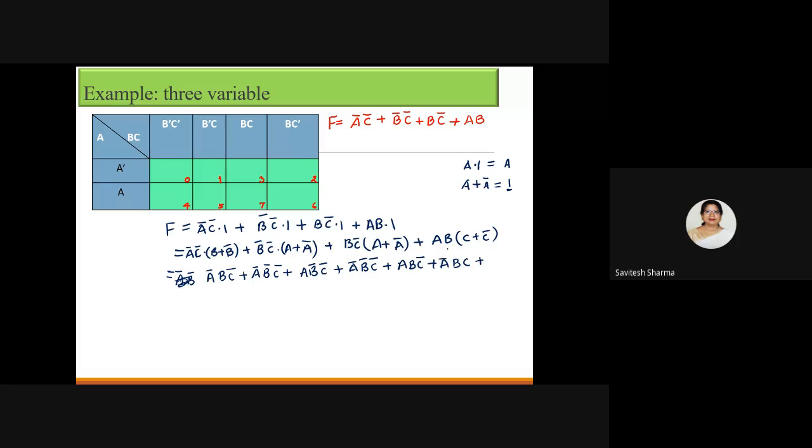In each expression I am just doing multiplication. What is this property actually? It is called the distributive law.